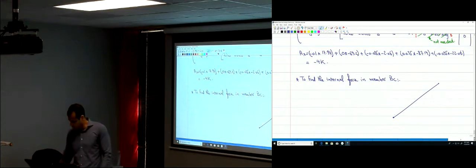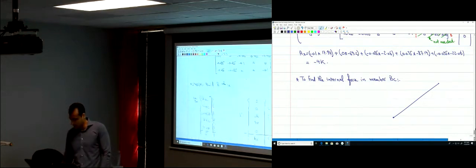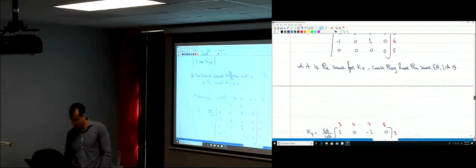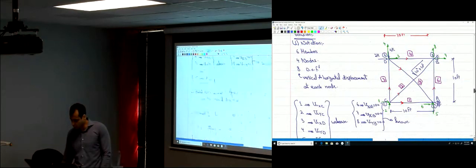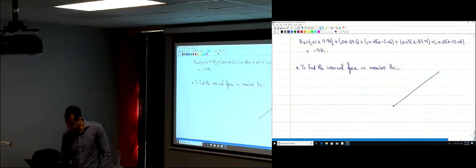That was the orientation of member BC, right? It starts at which node? What was the labeling? Member BC starts at node 1, ends at node 2. That's B, that's C. We label this 1, we label this 2. Okay?